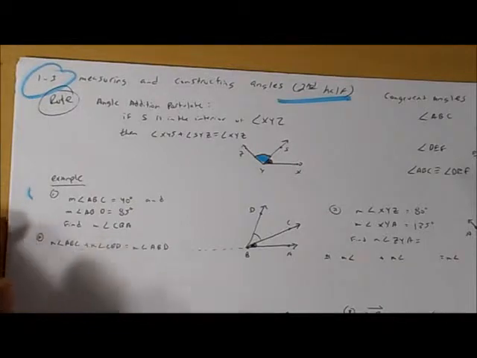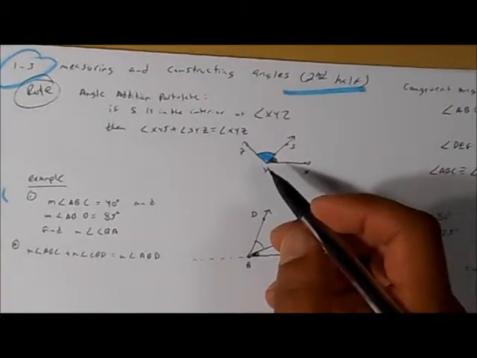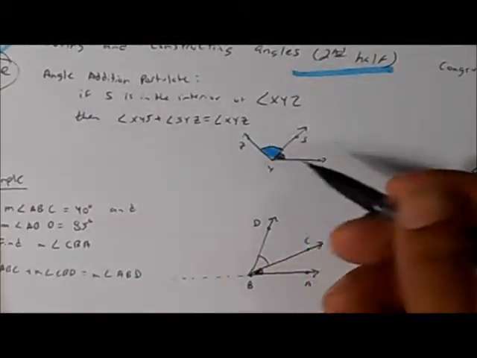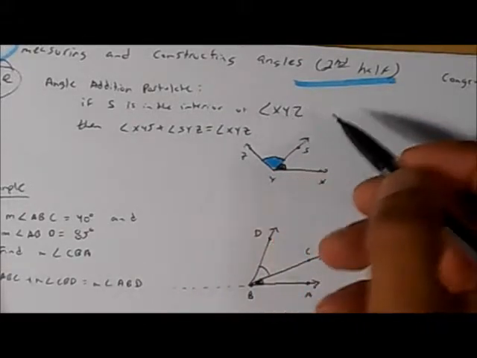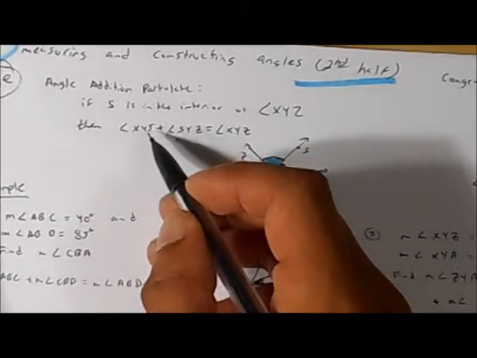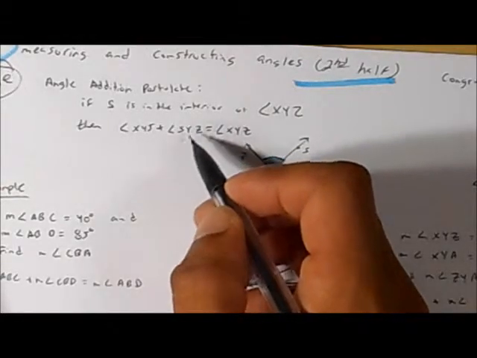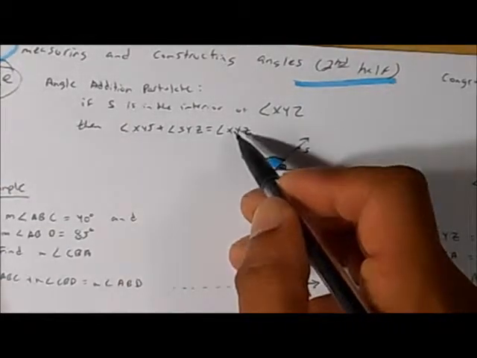the angle addition postulate, which pretty much says that if S is the interior of angle XYZ, then angle XYS plus angle SYZ is equal to angle XYZ.